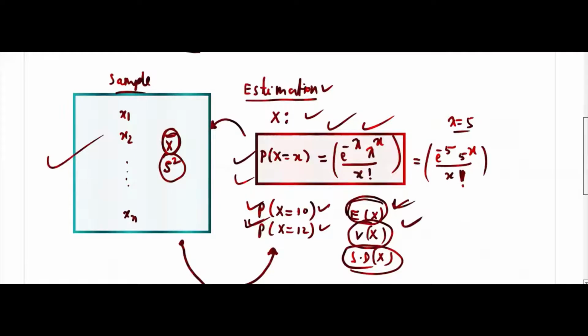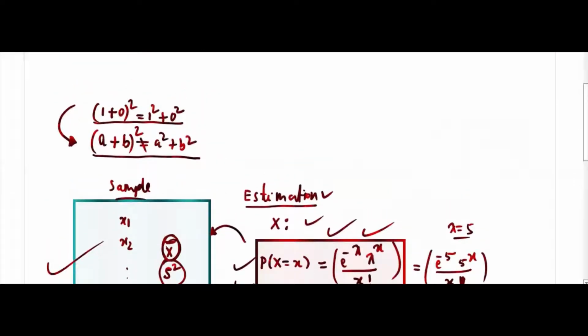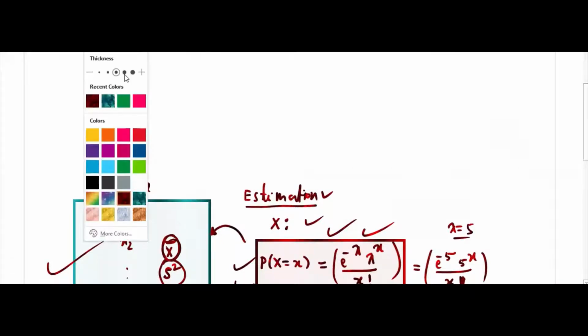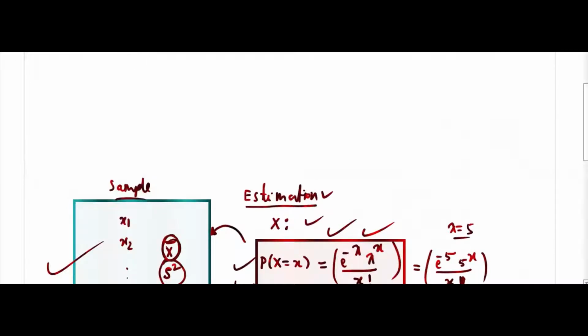Normally what we do is go from sample to population. In more than 90% of the cases you will study how to go from sample to population. This is called statistical modeling.